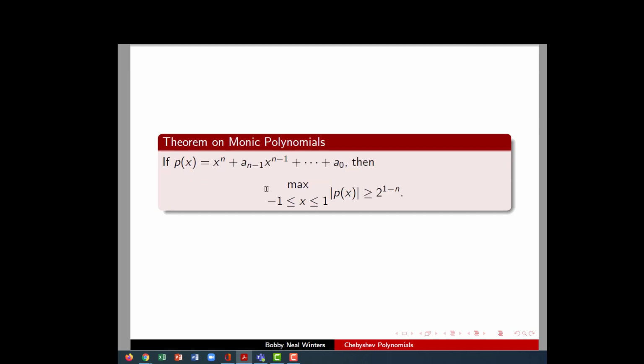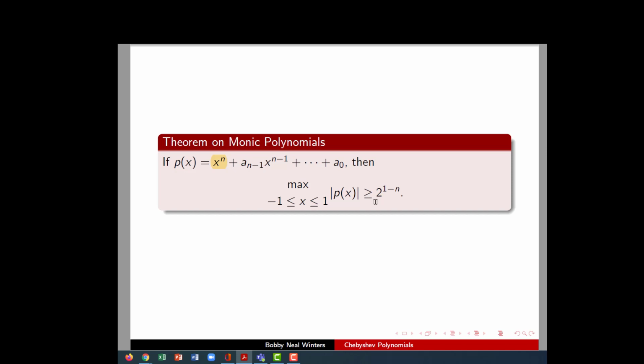This brings us to the theorem on monic polynomials. A monic polynomial is just a polynomial where the leading coefficient is 1. So if you have a monic polynomial, this is saying that the maximum of the absolute value of that monic polynomial on the interval between -1 and 1 is at least 2 to the 1 minus n.